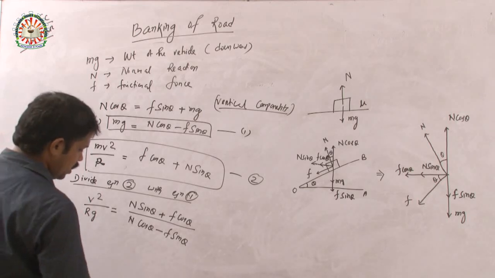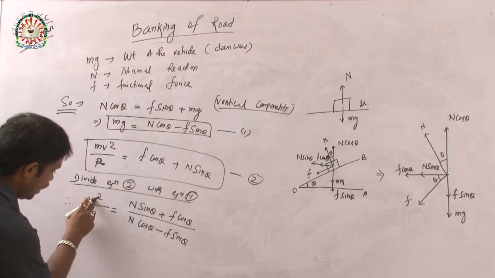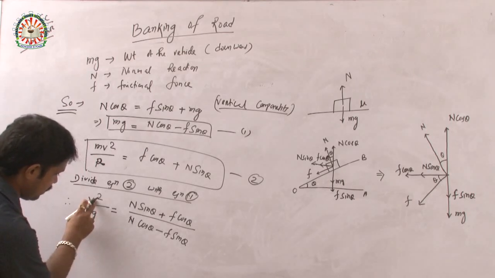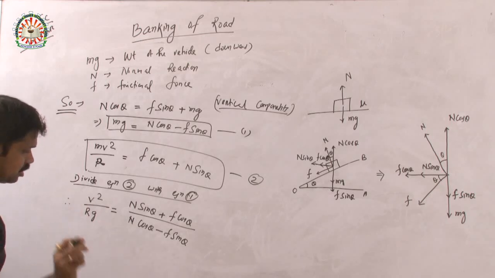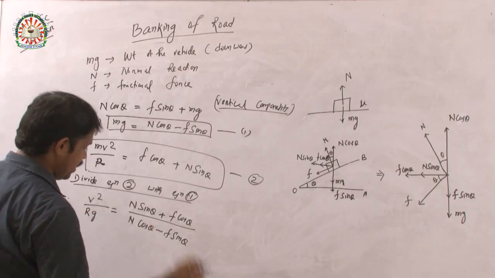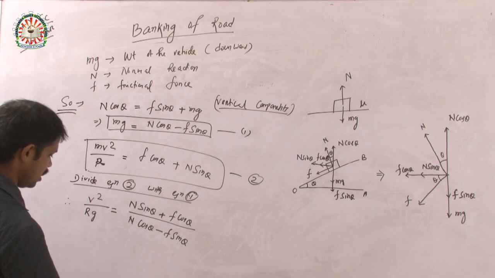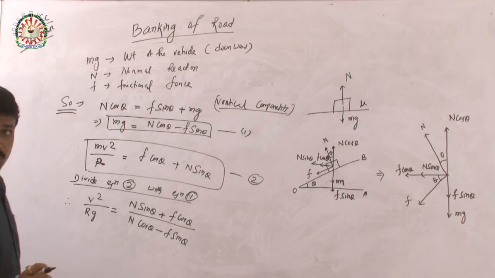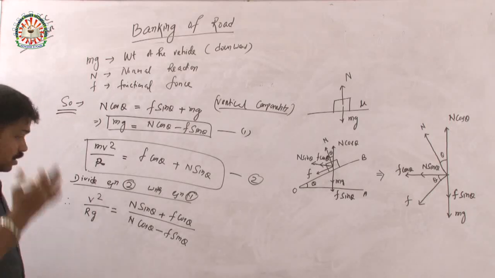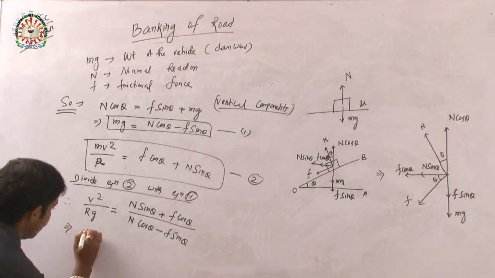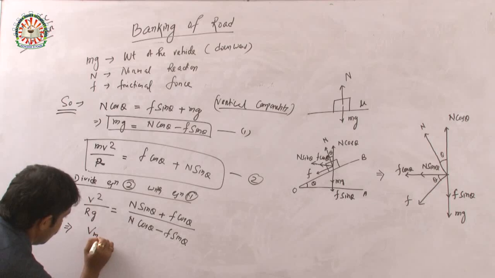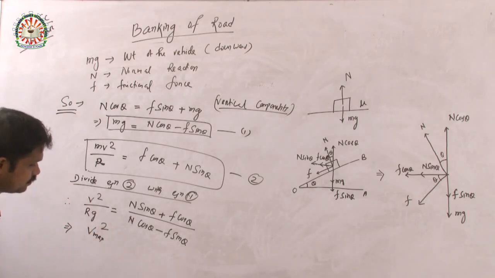Now this v is nothing but the maximum speed of the vehicle. Yes or no? So we have to mention the maximum speed of the vehicle. So that is v max square.